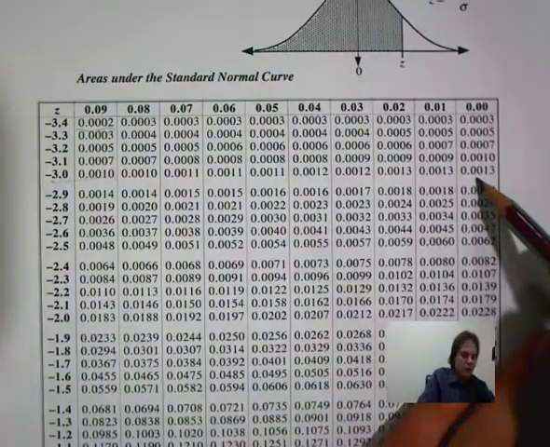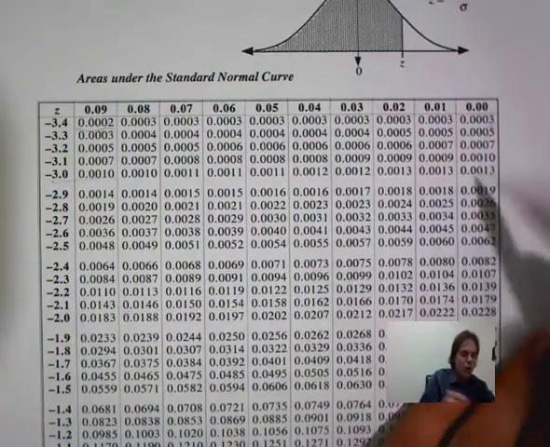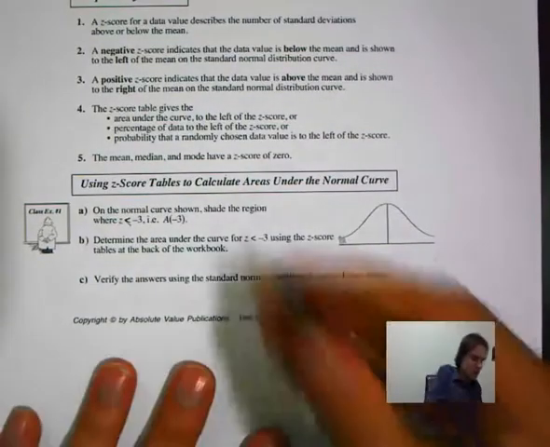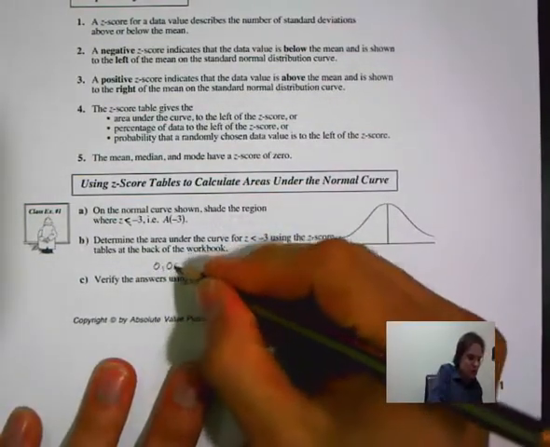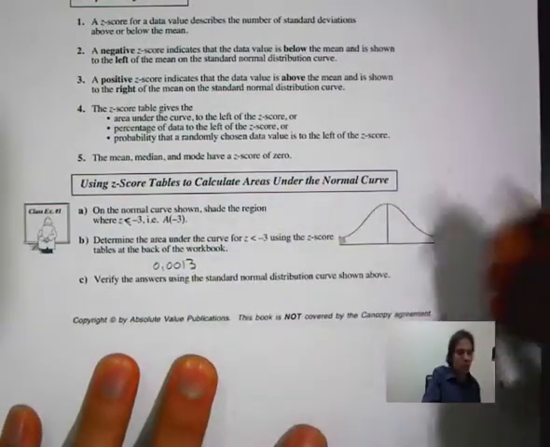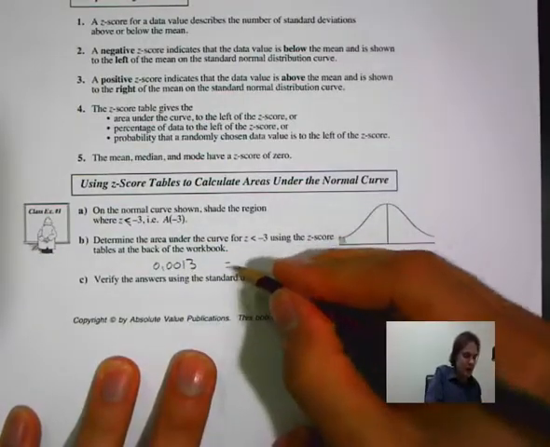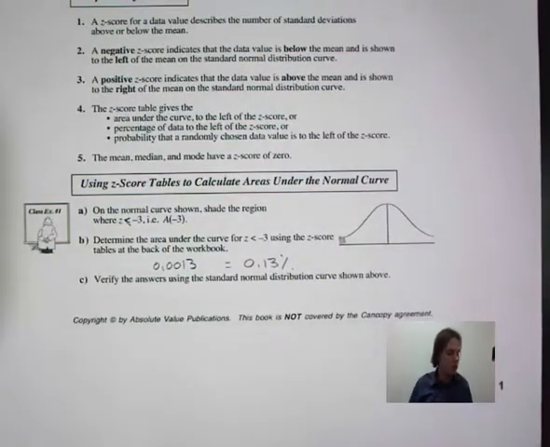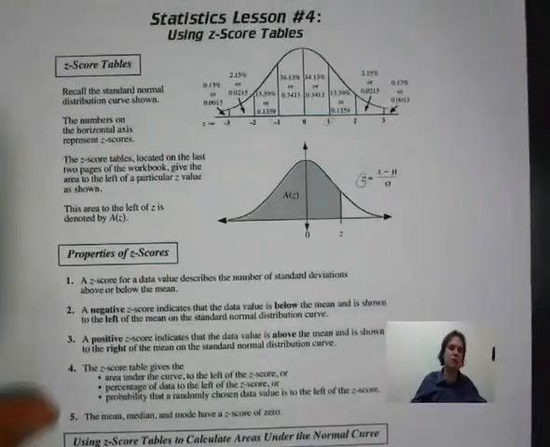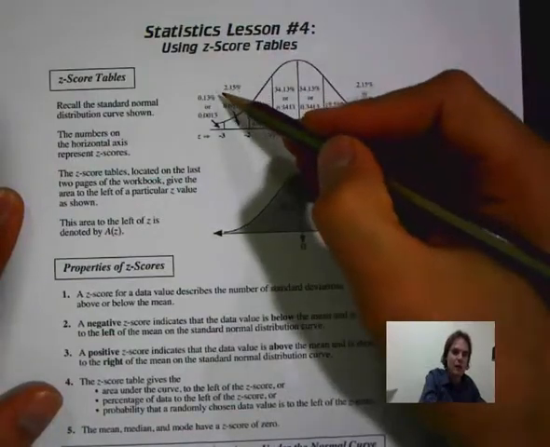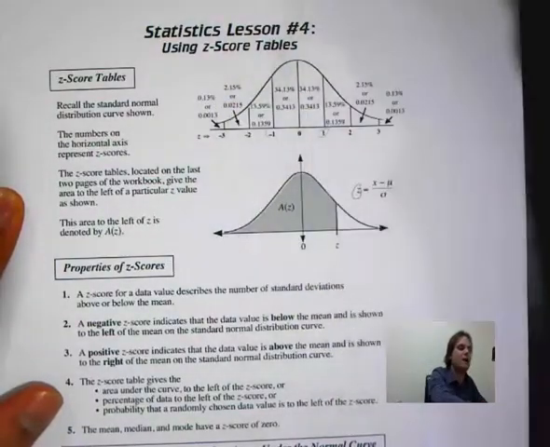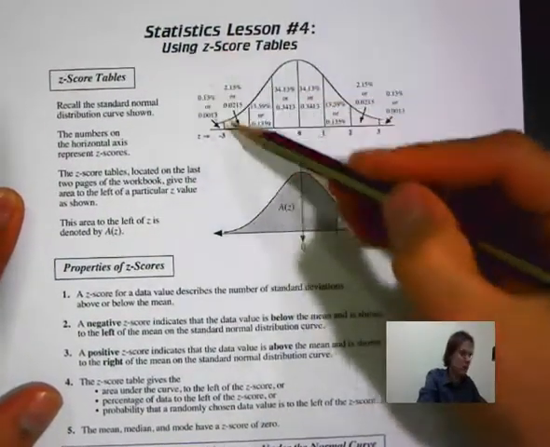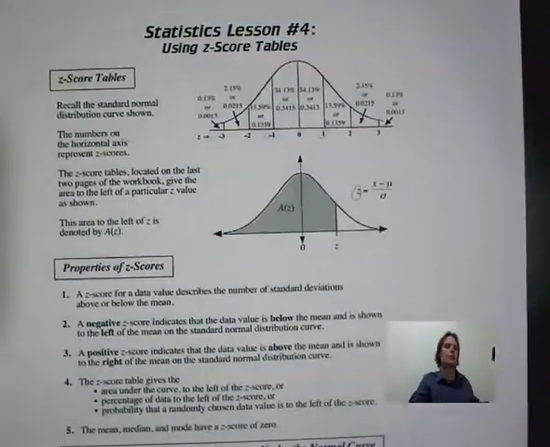So that gives me 0.0013, which is the same as 0.13%. Okay? So if we use our standard distribution curve above, we notice that it is the exact same thing right there.